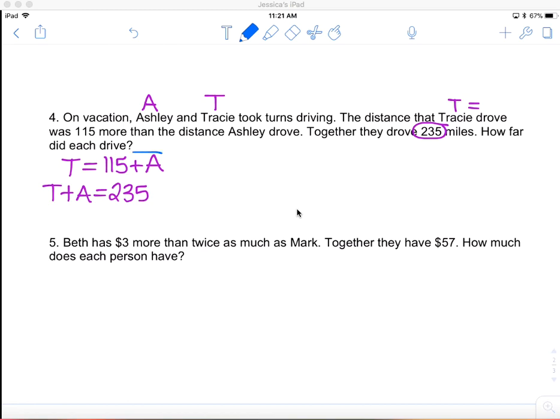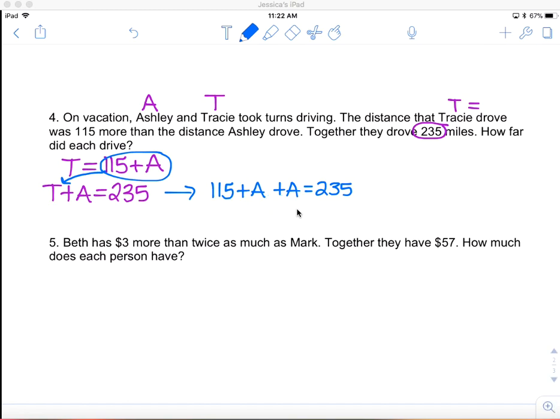Since t equals 115 plus a, I am going to take 115 plus a and plug it in for t. That means this second equation is going to become 115 plus a equals 235. The 115 plus a is representing t, the a is representing Ashley.